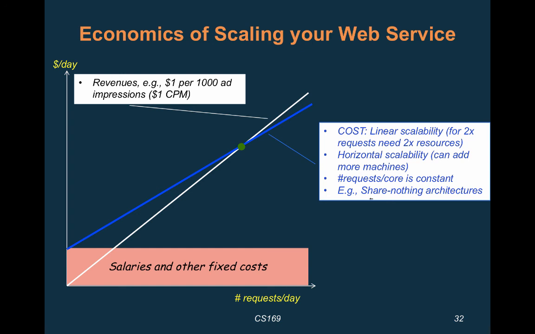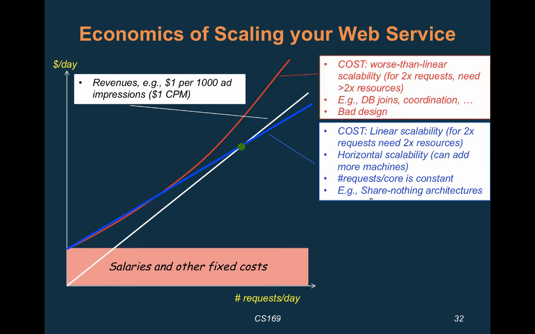And hopefully your business development people will get the slope of this curve higher, will sell expensively, and your engineering will get the slope of this line lower, such that they actually cross over. This is your break-even point. Salaries for variable costs for this many requests a day, and that's a profit. If you go above it, the difference between these two lines is your company profit. But this is only if you do a good job in engineering.